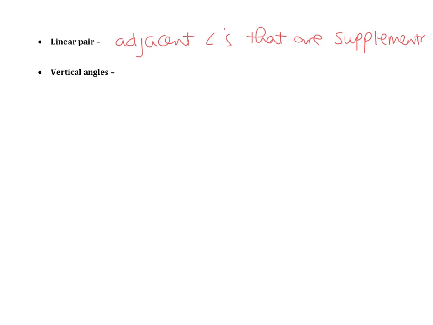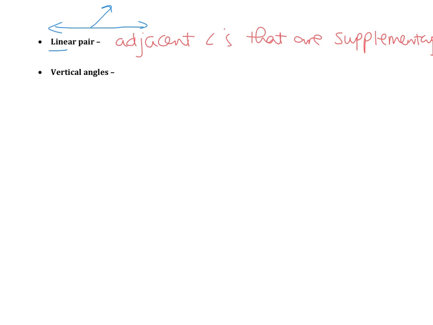So not only are they next to each other, but they add up to be 180. So think about this. What are the first 4 letters of linear? Line. So that means together they form a straight line.